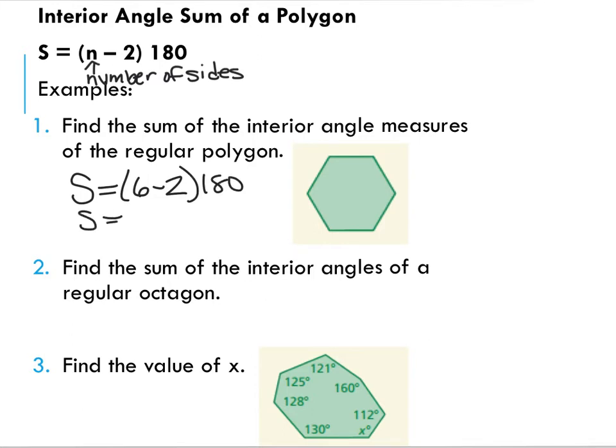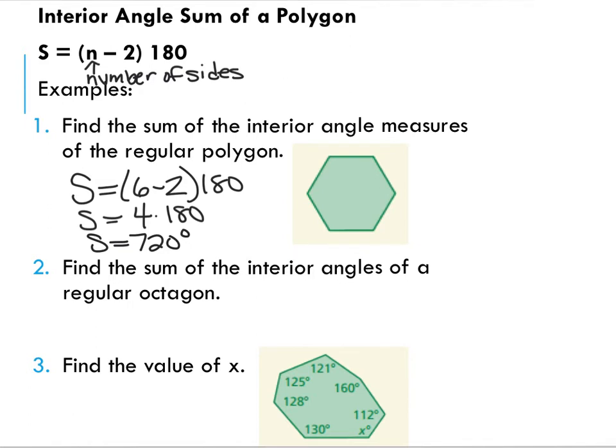So again, our sum is going to be 4 times 180. So our sum is 720 degrees. Now in this one, it's just asking for the sum, so we found our answer here.